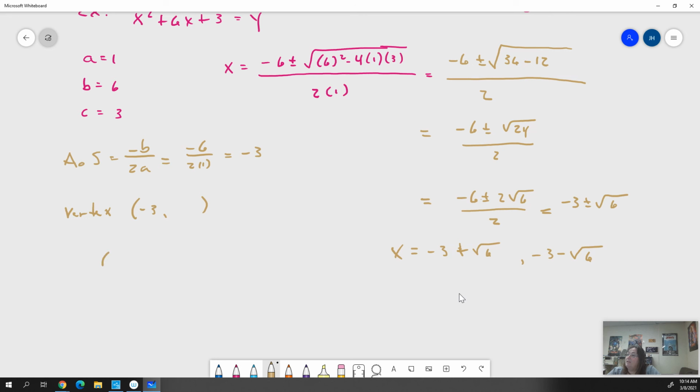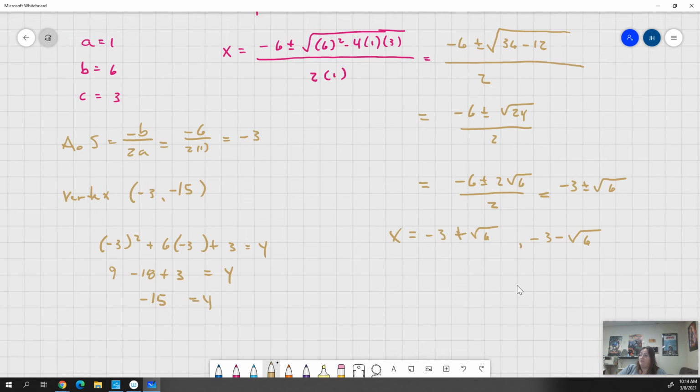So we've got negative 3 squared plus 6 times negative 3 plus 3 equals y. So we have 9 minus 18 plus 3 equals y. 9 minus 18 is negative 9, plus 3 is negative 6. So that would be our y value. So we have all the information we need to graph now.